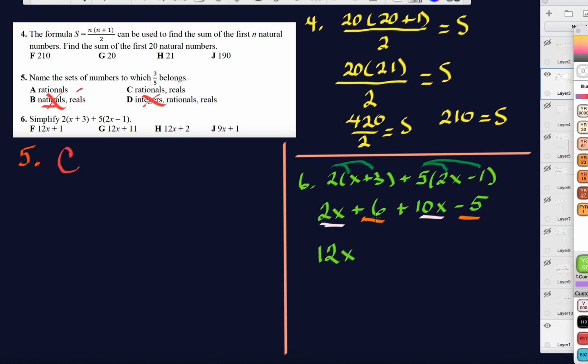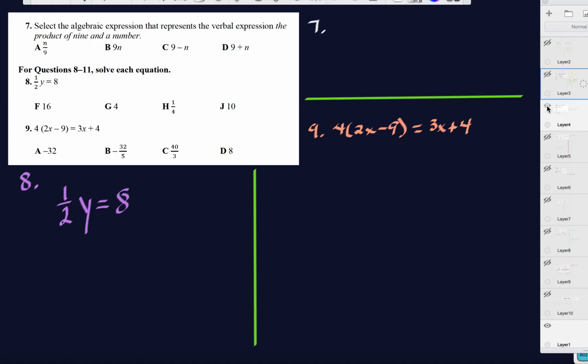And then positive 6 and negative 5 just net me a positive 1. Now, when you got to 12x, you could have eliminated this bad boy right away because it doesn't exist. And then the thing that the problem was trying to get you to think about was this back end. Don't forget the negative. And so that was letter F. Good. And you saw that it said letter F on the paper. Good. Let's move on. Let's go to the next one.